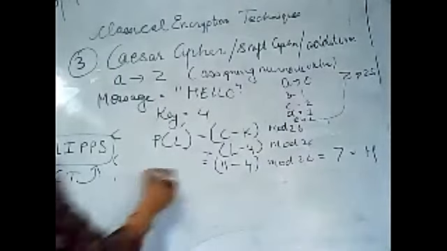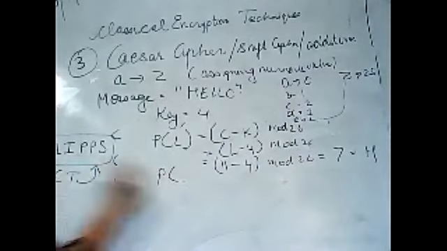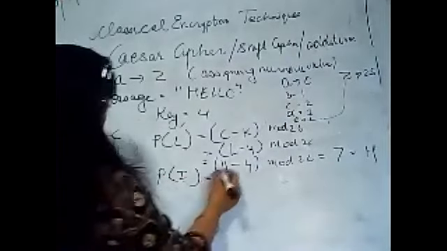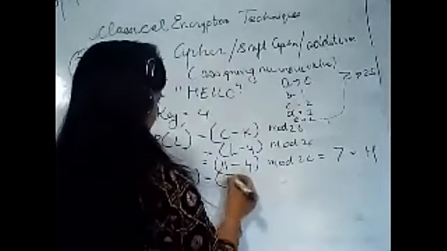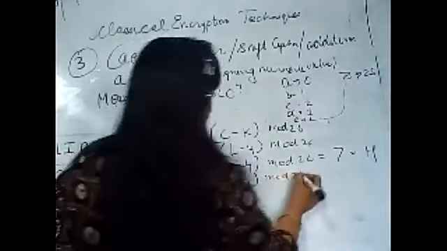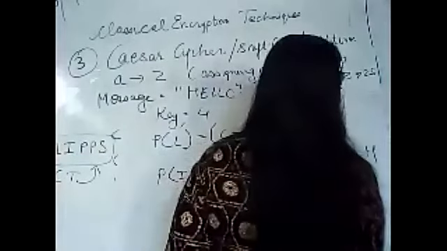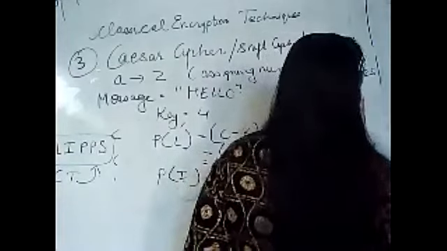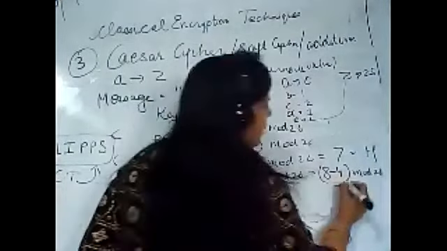Clear? Again, we will work on I. This is the ciphertext we are having, I, and we are having I minus 4 mod 26. That means we again get the value of I from this particular chart. So what was the value of I? That is 8 minus 4 mod 26. What value we will be getting here? 4.